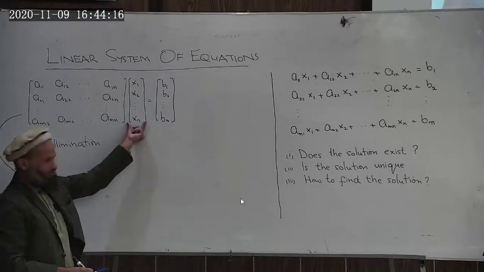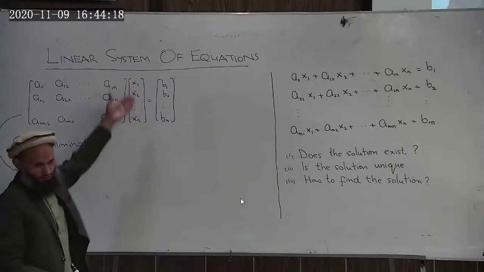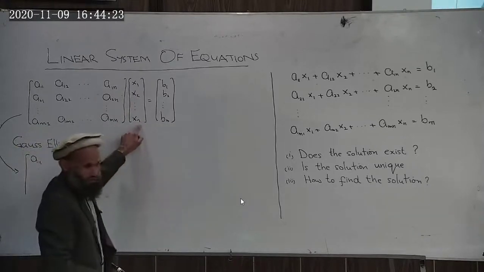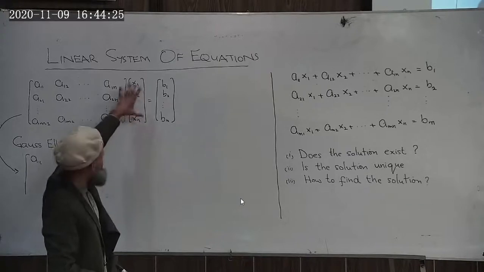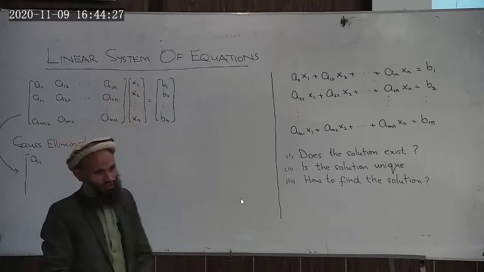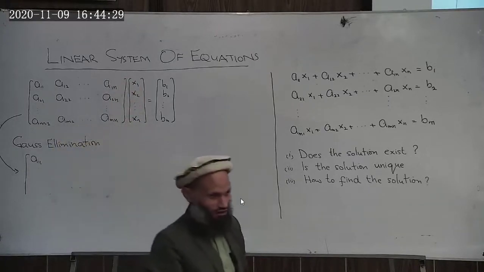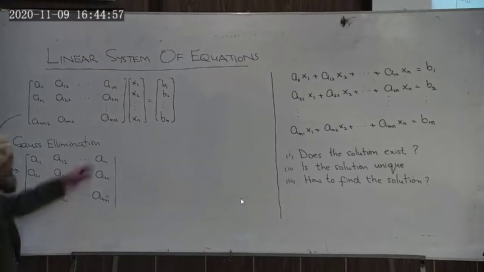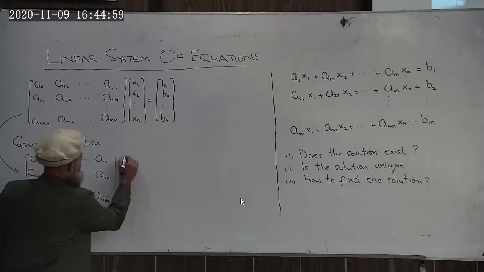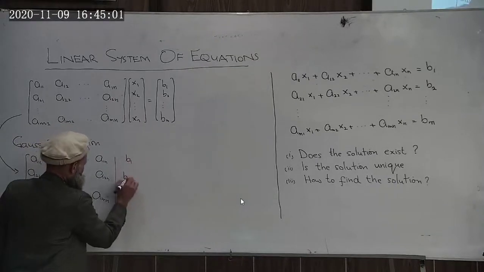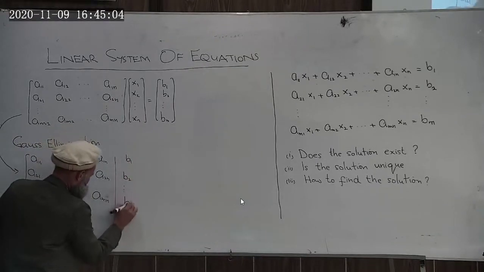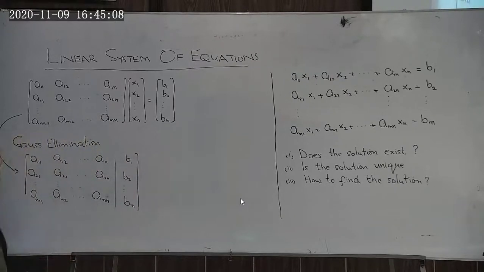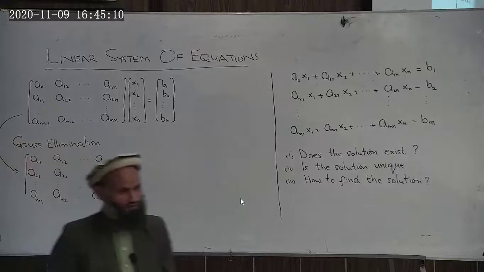Because this vector of unknowns is always obvious, we have n unknowns, so we can just omit it to ease our writing of these matrices. So this matrix, and then the right hand side is b1, b2 up to bm. This matrix is called the augmented matrix.